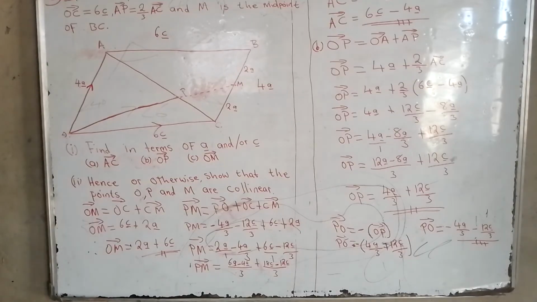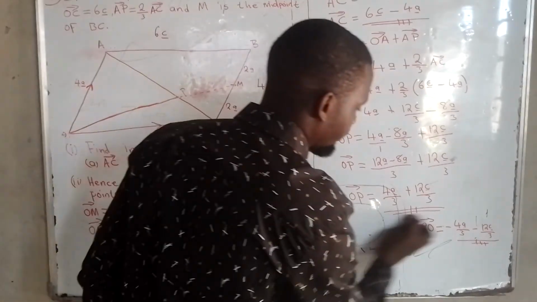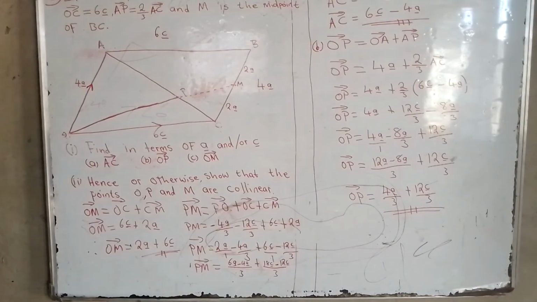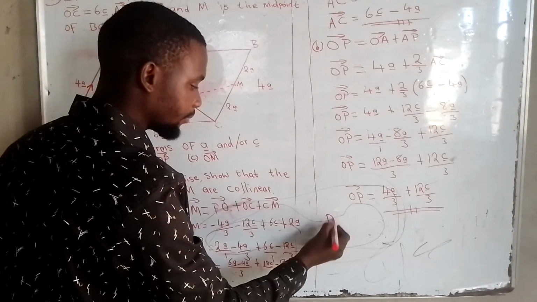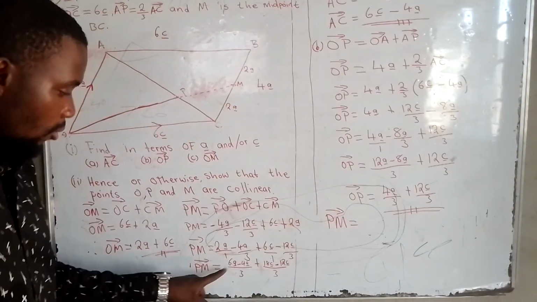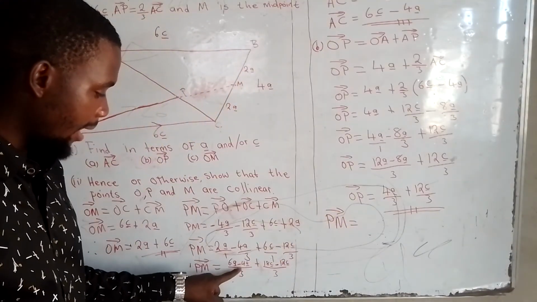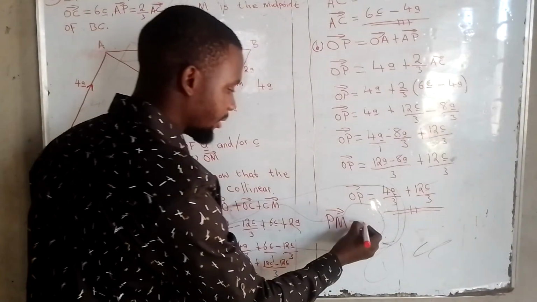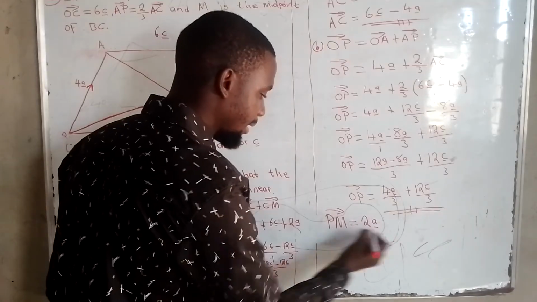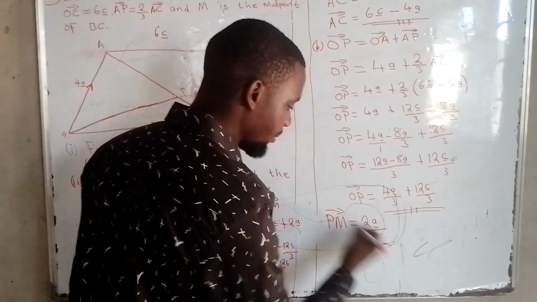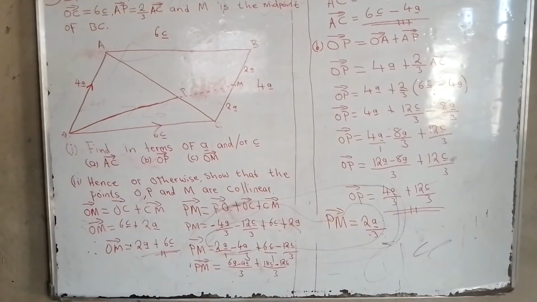Now, let's proceed. Let me erase this part so that I can use it. After that, PM is equal to, what is 6 vector A minus 4 vector A? That is 2 vector A, divided by 3.